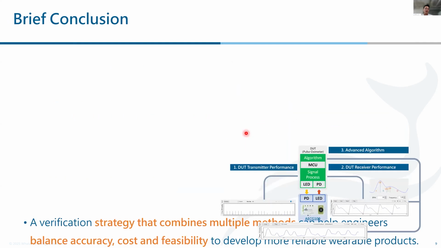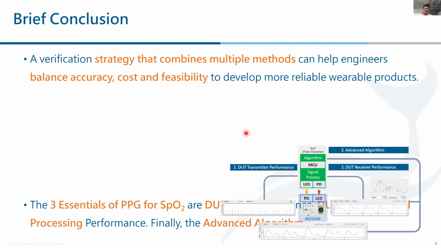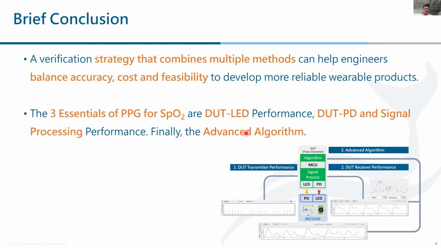And a verification strategy that combines multiple methods can help engineers balance accuracy, cost, and feasibility to deliver more reliable wearable products. The three essentials of PPG for SpO2 are the wearable's LED performance, the wearable's PD and signal processing performance, and finally the advanced algorithm performance, which is in these illustrations.